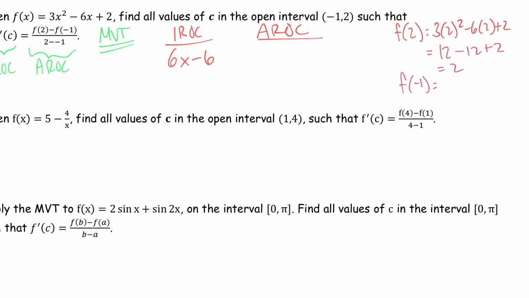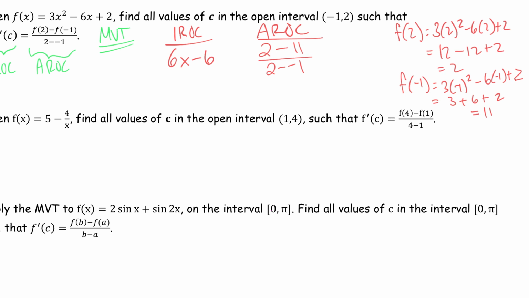And then f of negative 1. We're going to get 3 plus 6 plus 2 is 11. Okay, so the average rate of change is going to be 2 minus 11 over 2 minus negative 1. And now something that I want to edit over here is that in my instantaneous rate of change, this should actually be at c.